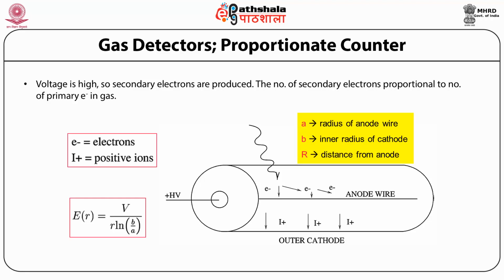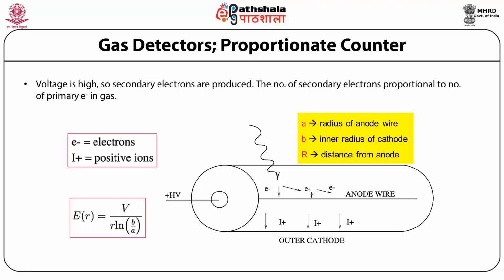The number of secondary electrons is proportional to the number of primary electrons in the gas, that is, each electron produces some fixed number of secondary electrons. So counting the secondary electrons gives an indication of how many primary electrons there were, which corresponds to the energy of the incoming radiation.